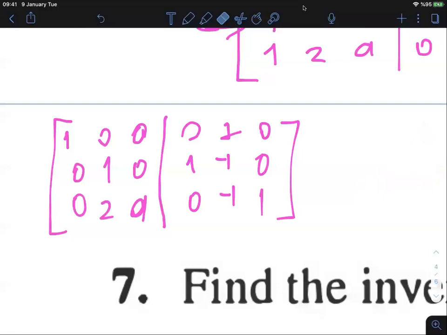Then what do we do? We want to make this guy equal to 0. So to do that, I have to multiply the second row by minus 2 and add it to the third row. So let me copy it again.